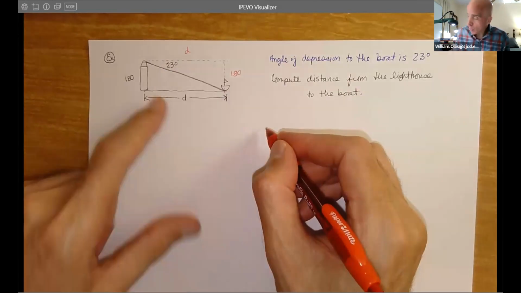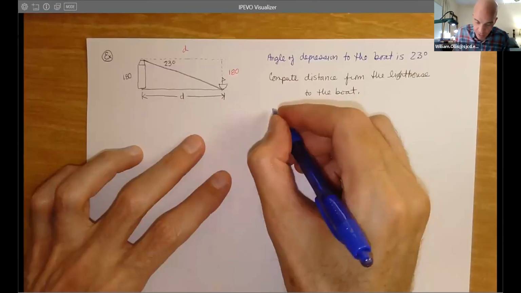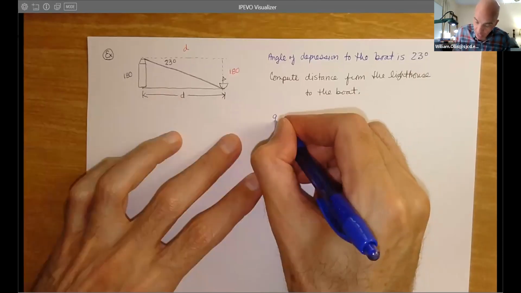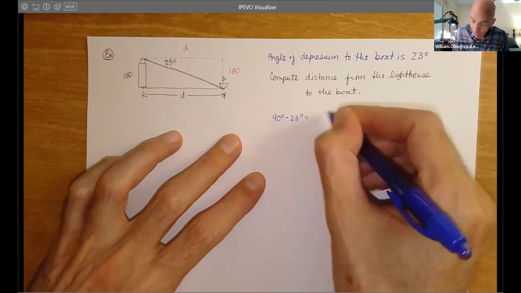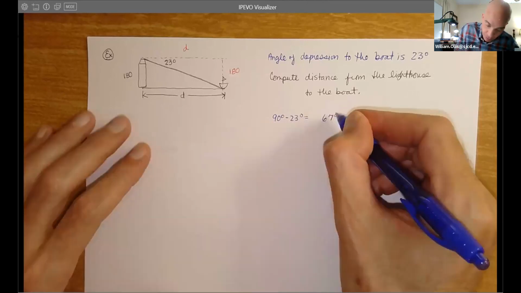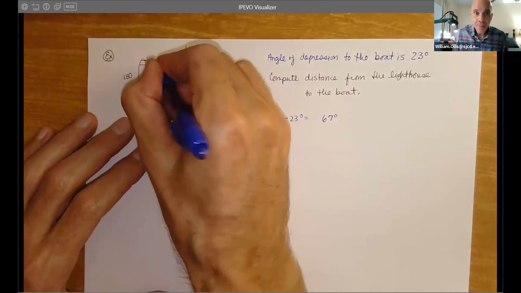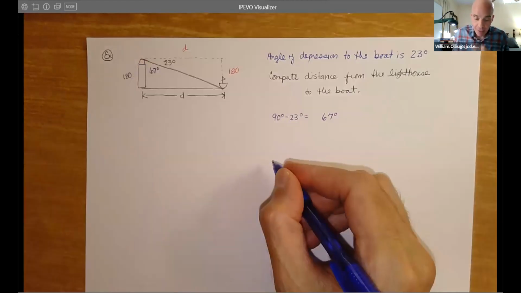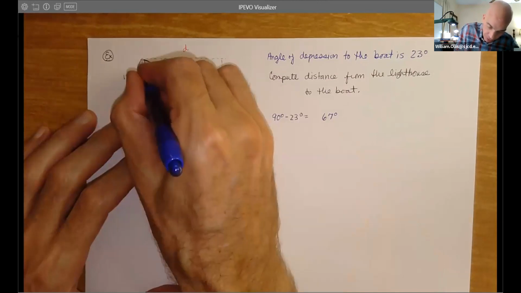Or then you're thinking, okay, well, let me just use this triangle. And so we could say, well, what's this? These are complementary. So we have 90 degrees minus 23 degrees, and that'll give us 67. So that'll be a 67 degree angle here because they're complementary. And of course we have our right triangle, a right angle here.